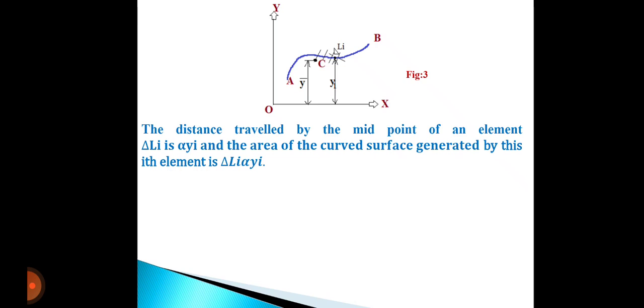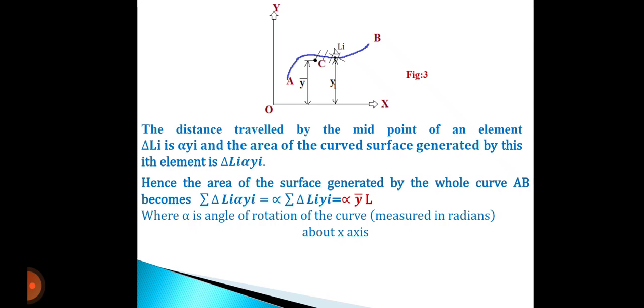Now let the plane of the curve be rotated through any angle alpha, measured in radians, about the axis. The distance travelled by the midpoint of an element delta Li is alpha yi, and the area of the curve surface generated by this ith element is delta Li alpha yi.